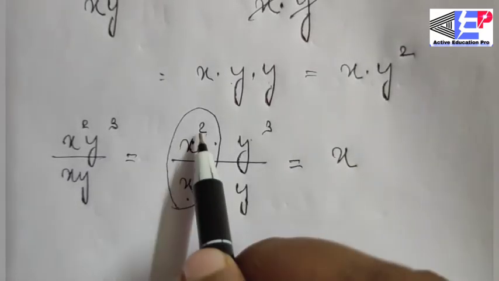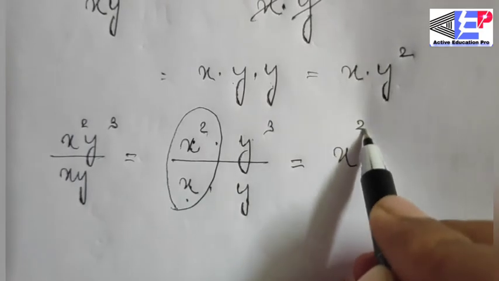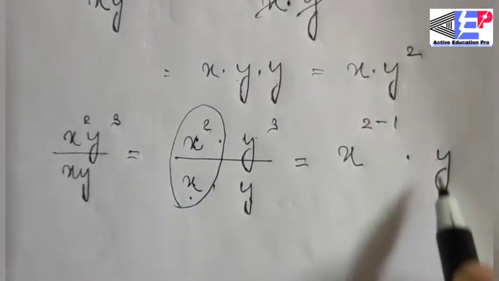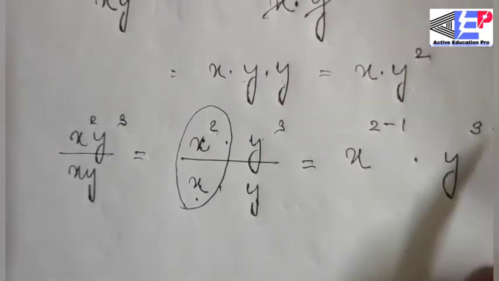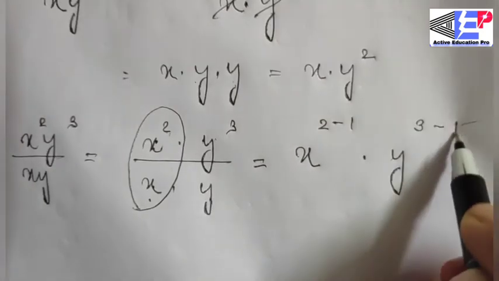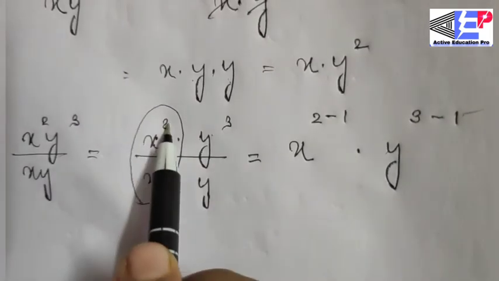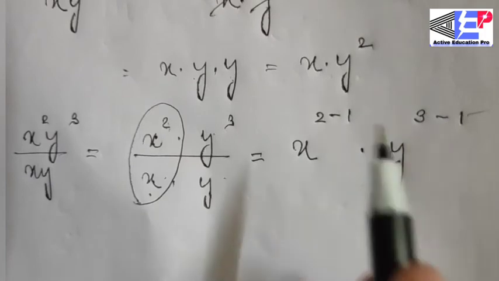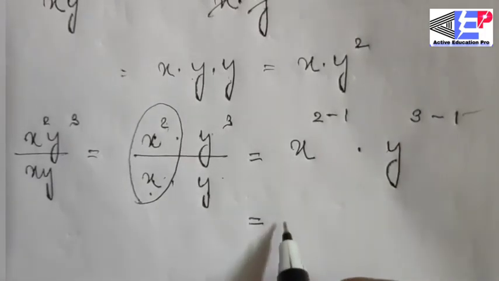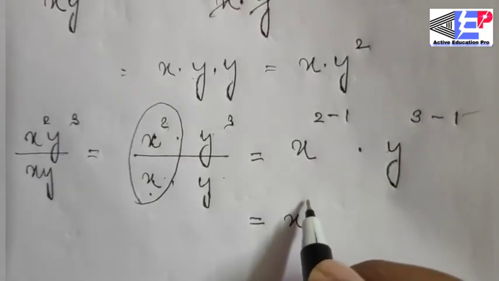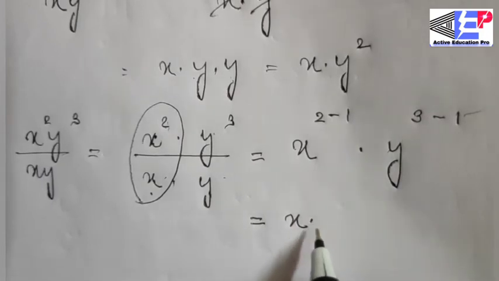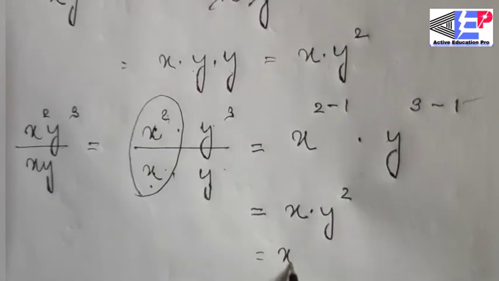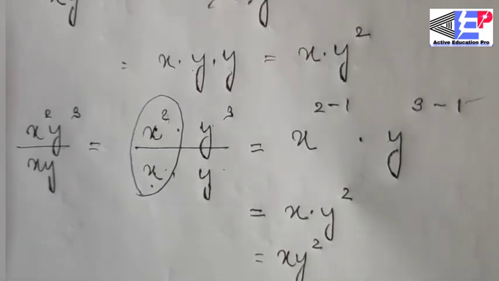Here the power of numerator is 2 and denominator is 1, so 2 minus 1. Then y, 3 minus 1. The result will be x to the power 1, need not write 1, and then y to the power 3 minus 1 is 2. Then the answer is xy square.